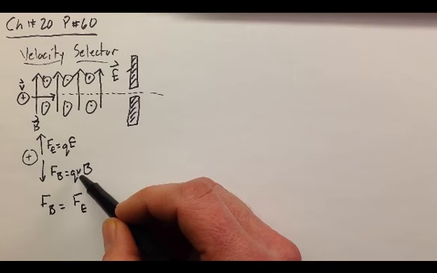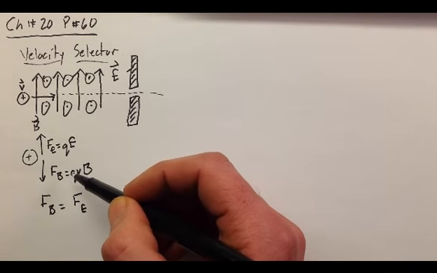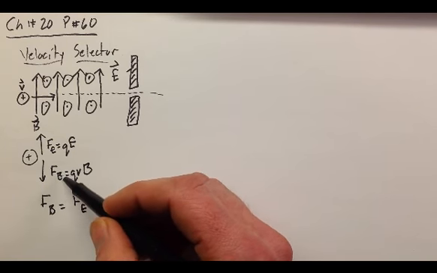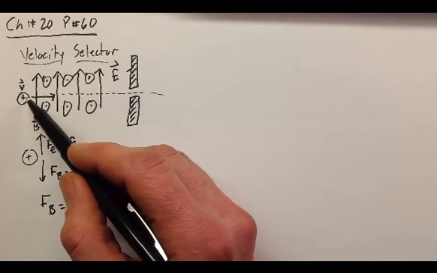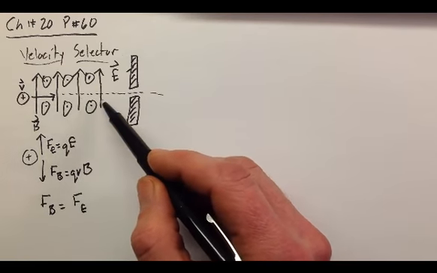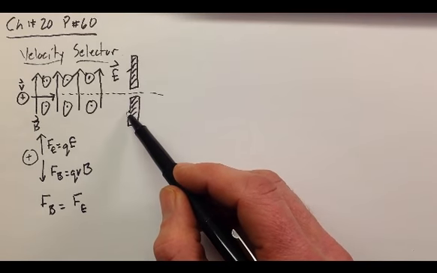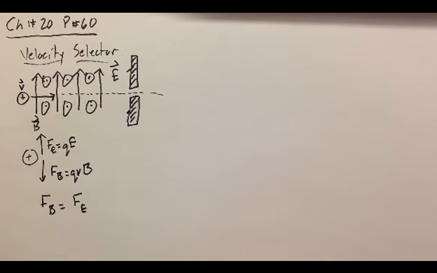If V was large, the speed of the particle was large, the force due to the magnetic field would be larger than the force due to the electric field, and the particle would come this way and crash into this lower wall. But if it's just right, the force due to the magnetic and electric field would be equal to each other.